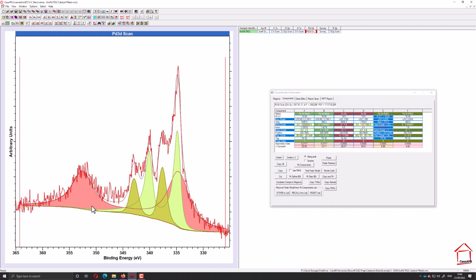We have our gold 4Ds in red here. In the lighter green we have our palladium metal signal, and in this darker green we have what we're assigning as palladium oxide, but let's just call it palladium 2+. It makes sense in these materials that it is indeed oxide.